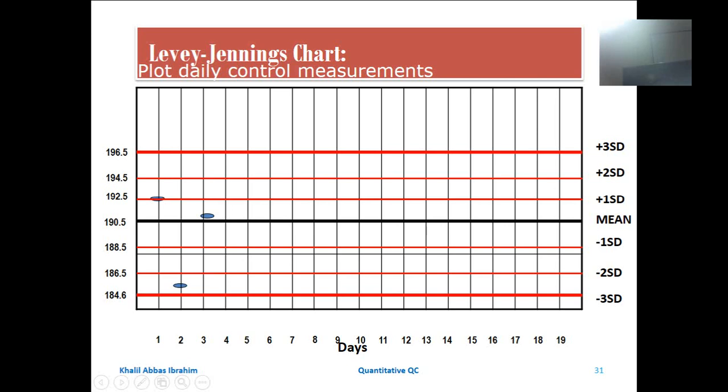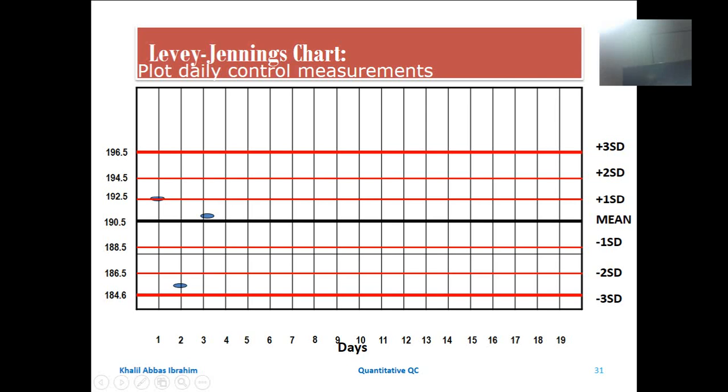Next day or day 2, you obtain that value which lies here, which is outside minus 2 standard deviation, quite near to minus 3 standard deviation. If your laboratory accepts only plus or minus 2 standard deviations, then this value will be considered out of control. Out of control.